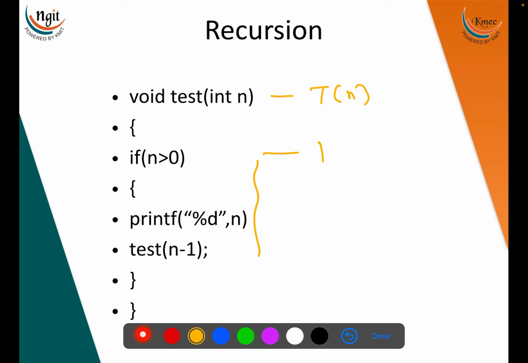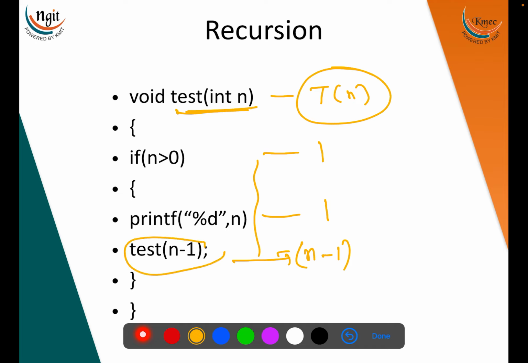It takes 1 unit of time, another 1 unit of time, and T of n minus 1. If test of n requires T of n, test of n minus 1 will require T of n minus 1. So the total is T of n equals T of n minus 1 plus 2, 1 plus 1.